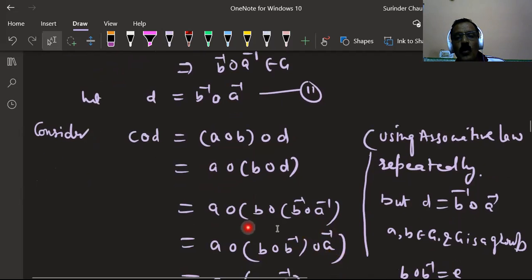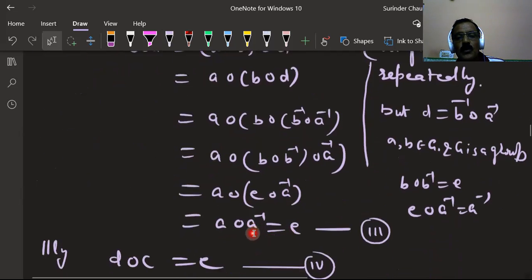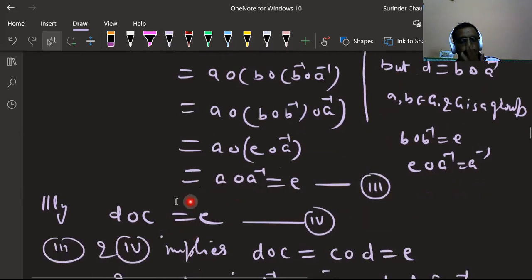Again the associative law applies: a composition b composition b inverse composition a inverse. b composition b inverse is equal to E, because b belongs to G. E composition with a inverse is equal to a inverse. So we are left with a composition a inverse, and since a is an element of the group G, a composition a inverse is equal to E. So this implies c composition d is equal to E.